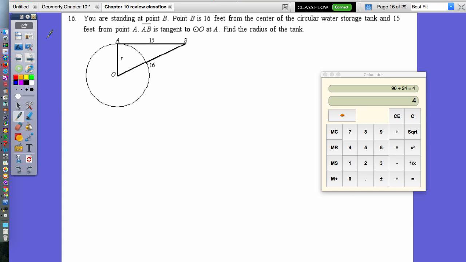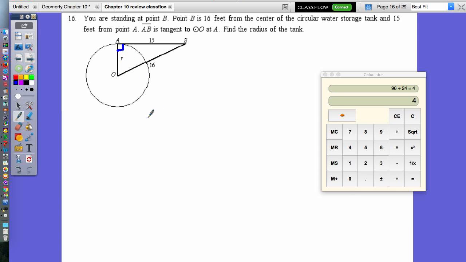So number 16, you are standing at point B. Point B is 16 feet from the center of a circular water storage tank and 15 feet from point A. AB is tangent. They want you to find the radius of the tank.